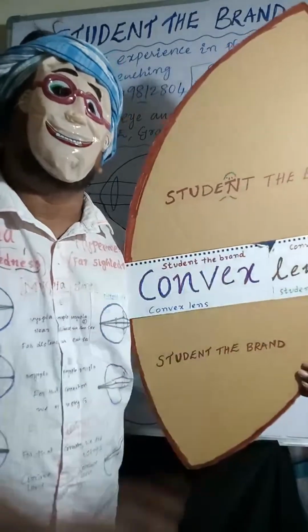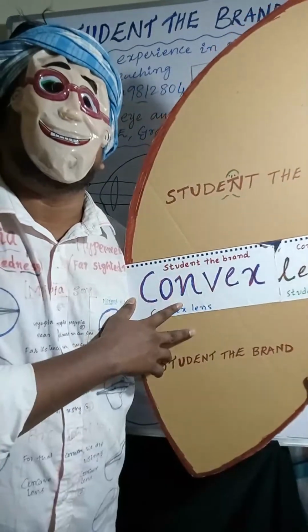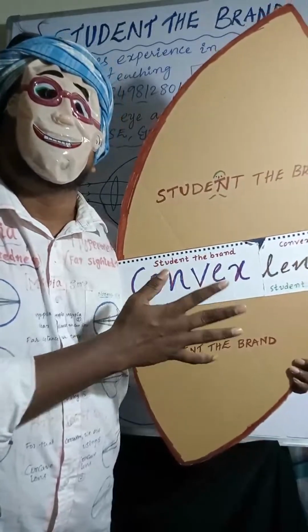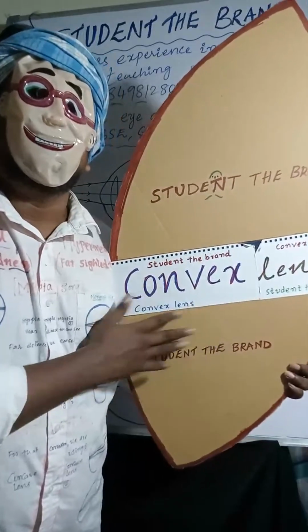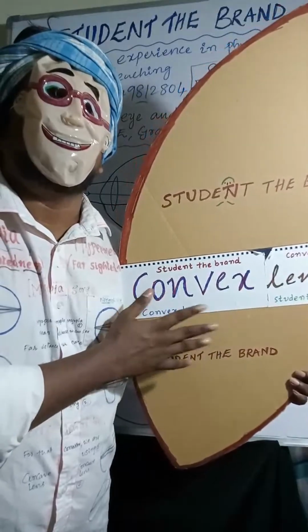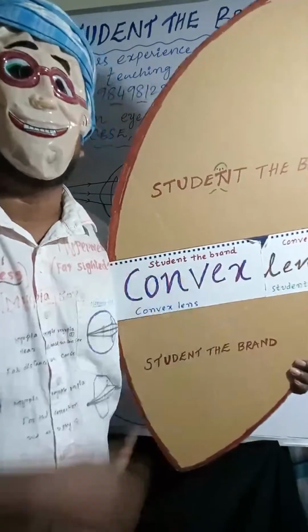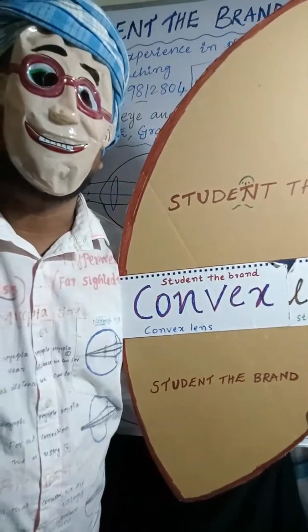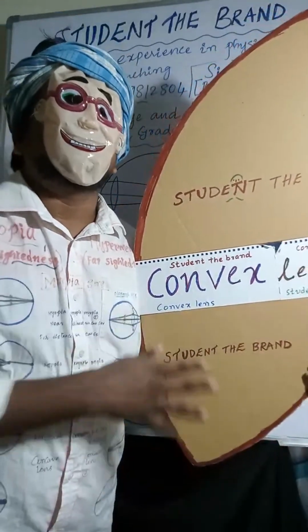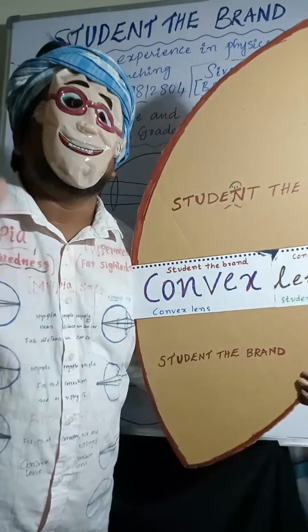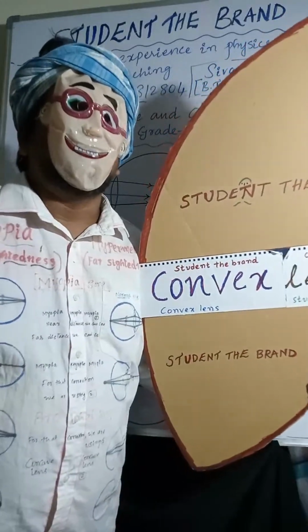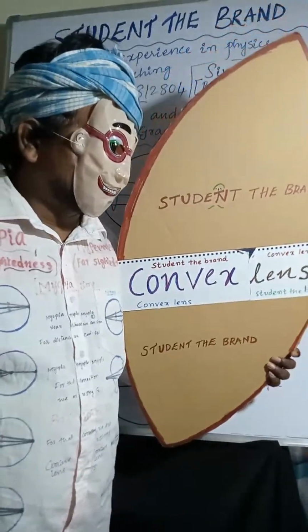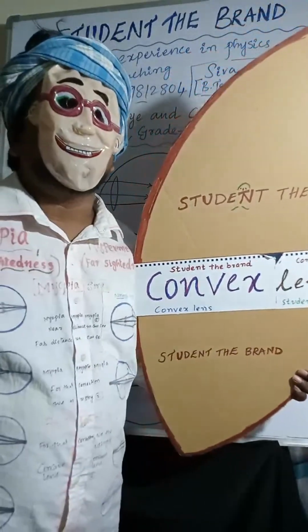To correct the defect of hypermetropia, we are using a convex lens. Yes or no? Is it clear? I hope it is very clear to you.